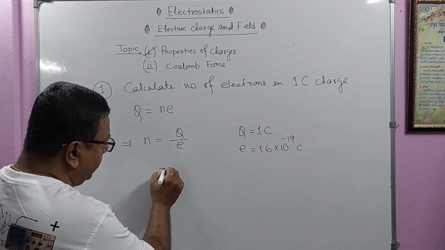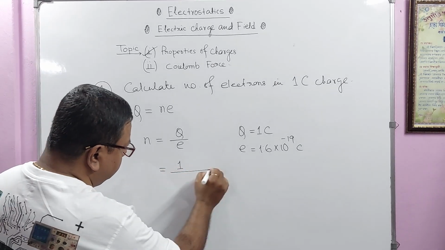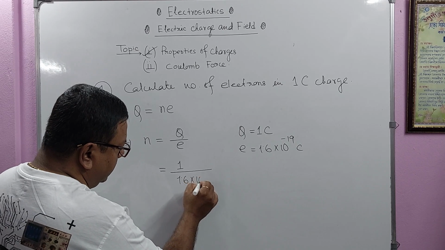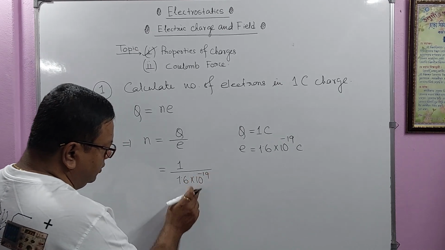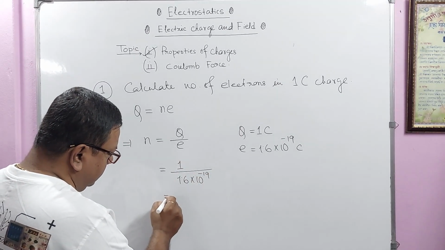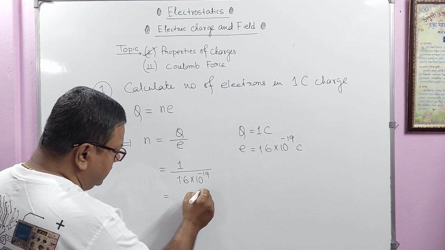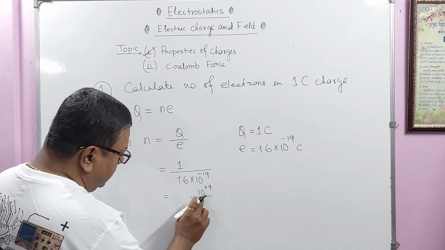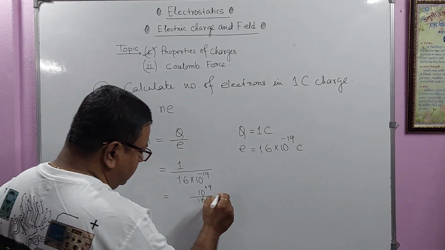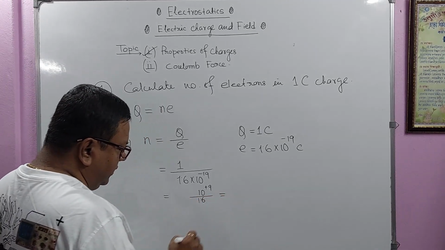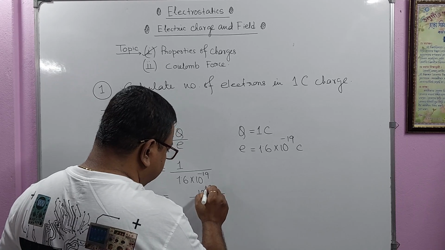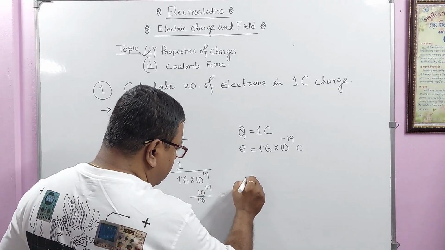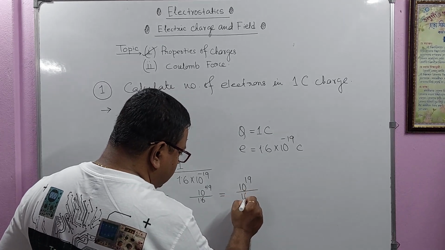Put the values: this is 1, this is 1.6 into 10 to the power minus 19. So it becomes 10 to the power plus 19 divided by 1.6. After simplification, we can write 10 to the power 19, then it's 16 by 10.